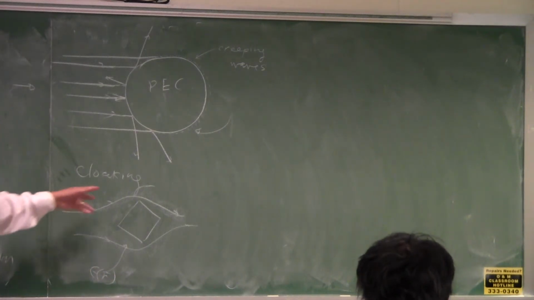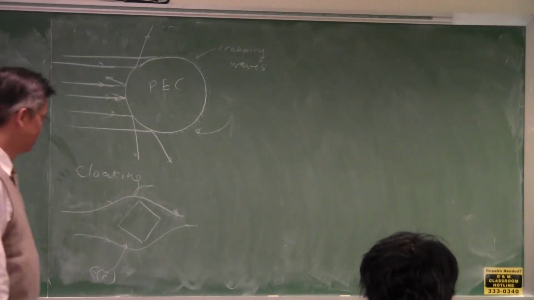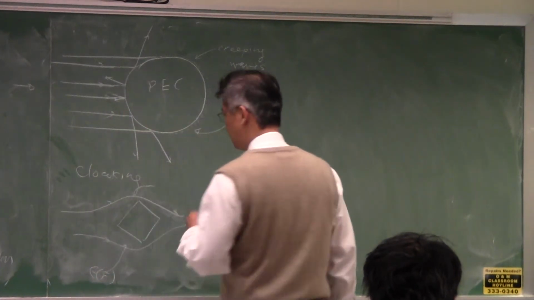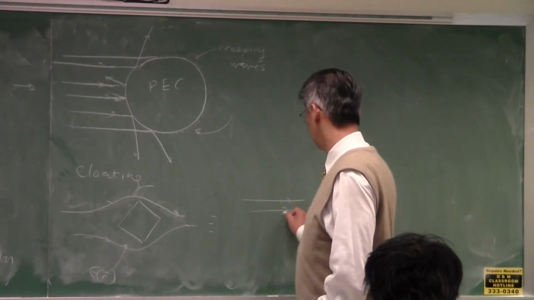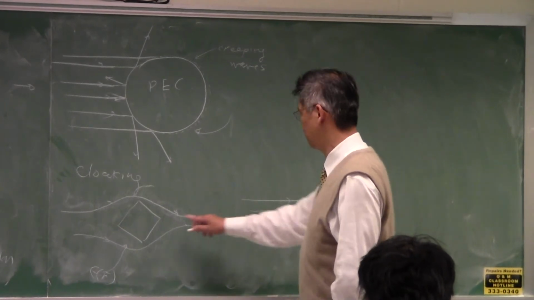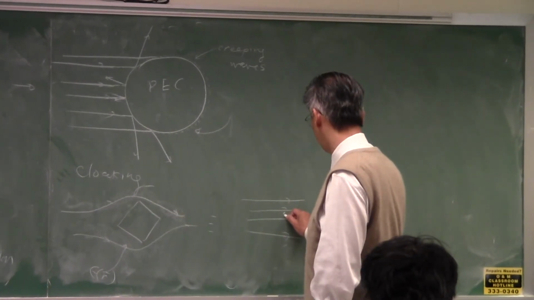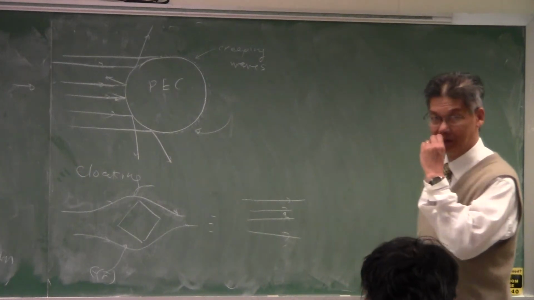And if you do that, the light will creep around. So to a person, this object becomes invisible. This is equivalent to the light traveling to the thing, and this thing has been reduced to a point.